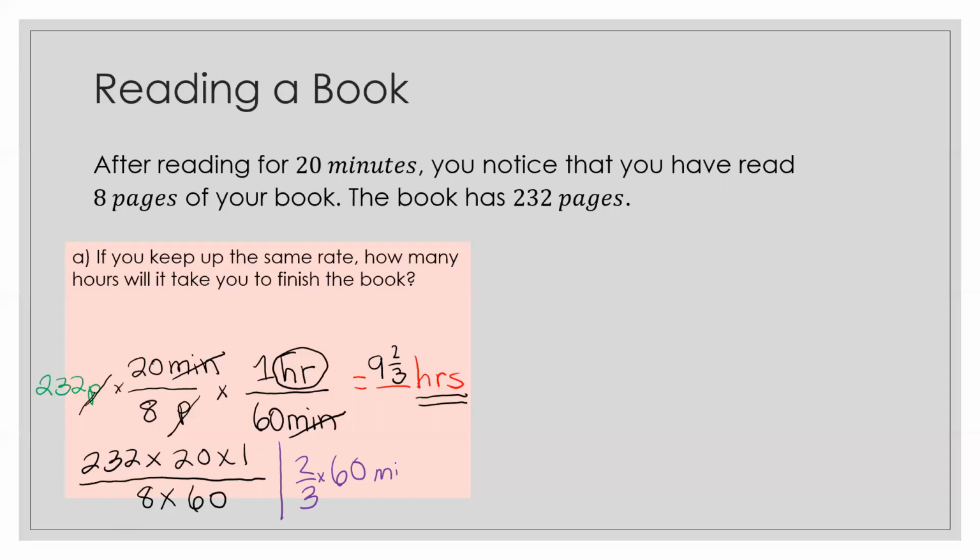So you have 2/3 of 60 minutes. That would be 60 divided by 3 is 20, and 20 times 2 is 40. So here you would say, I have read it for 9 hours and 40 minutes.